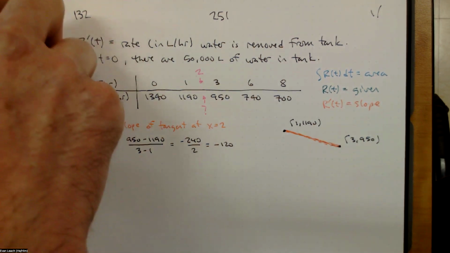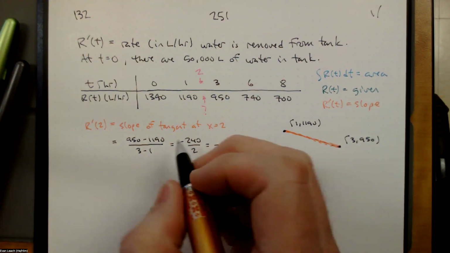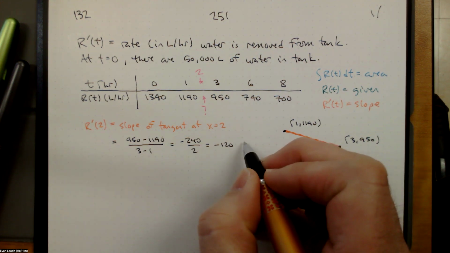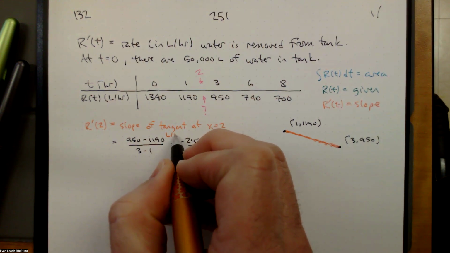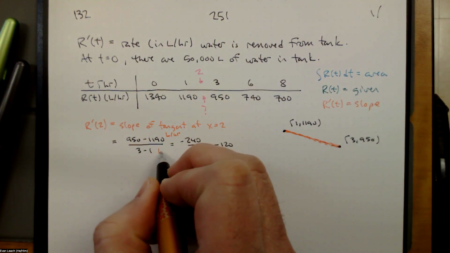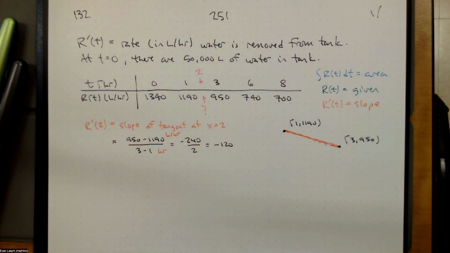So up on the top, we have liters per hour, and in the denominator, we have hours. The only reason we can subtract the 950 and the 1190 is they have the same units. We can add and subtract things when they're the same, and in this case, that means the same units.